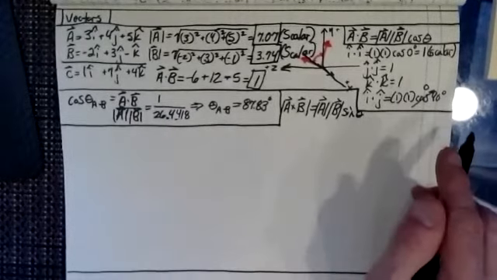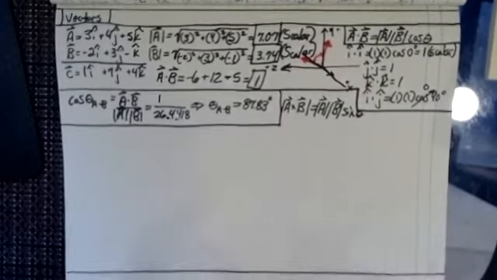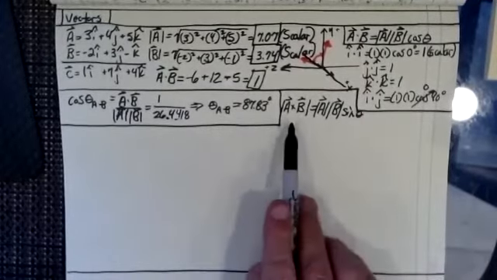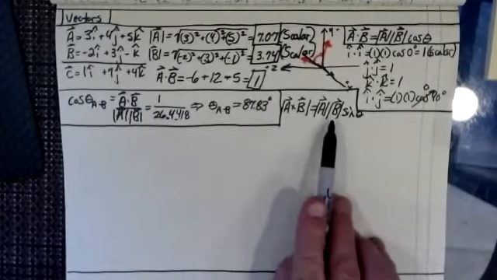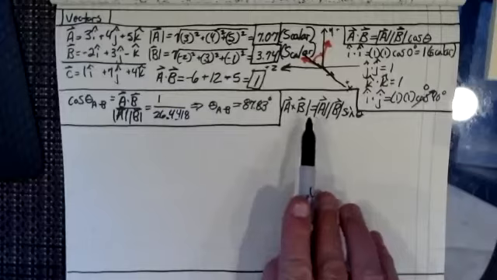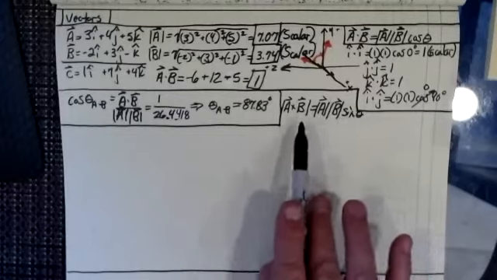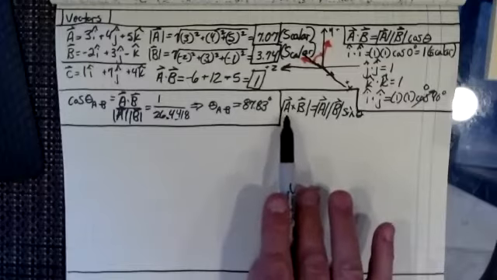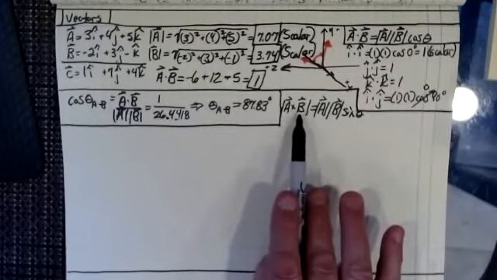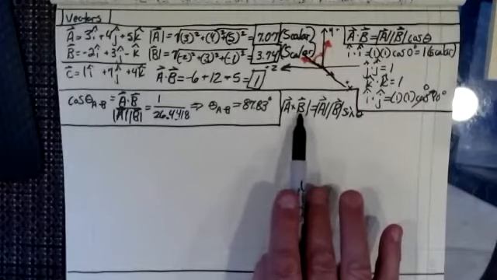Does everybody see that? And you see why I put the absolute value signs around A cross B, because that would have to be a scalar, right? Because this is a scalar, this is a scalar, and this is a scalar. If I multiply three numbers together that have no direction, then it has to be a number. And A cross B is not a number. A cross B is a vector.